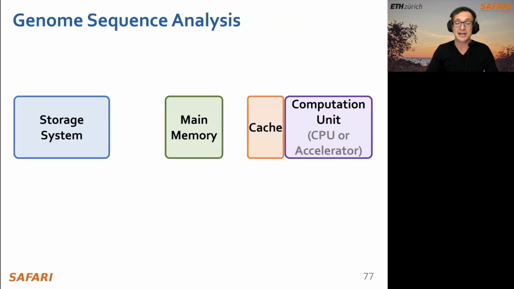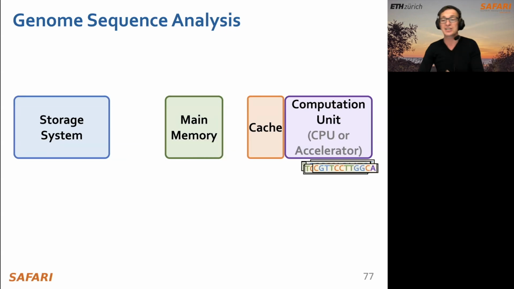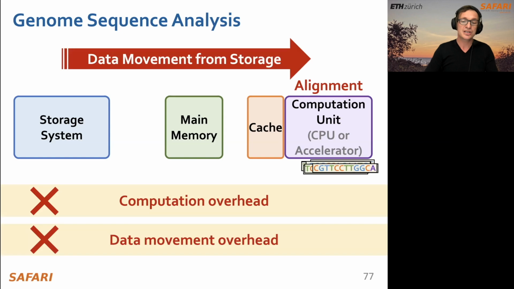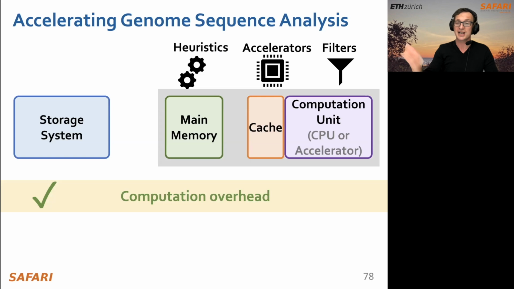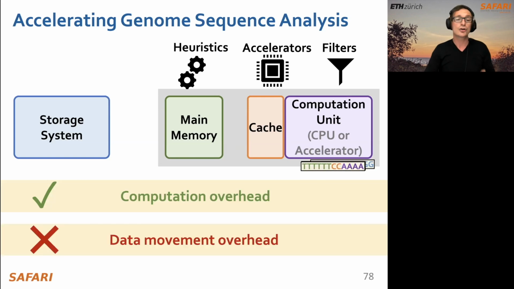And storage systems today are a huge bottleneck because when you need to move the data to a computation unit, you have to go through the storage system all the way to main memory, caches, and computation. So computation overheads and data overheads are both exacerbated. Now we try to alleviate computation overheads today using many algorithms that I just described: heuristics, accelerators, and filters. Unfortunately, the data movement overhead from the storage system remains.